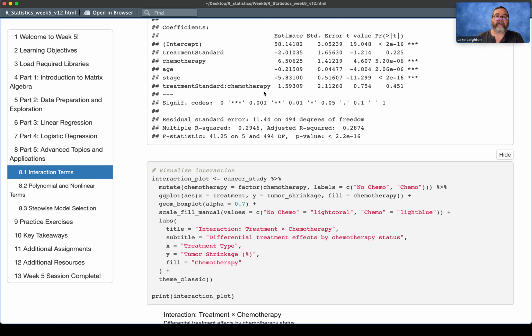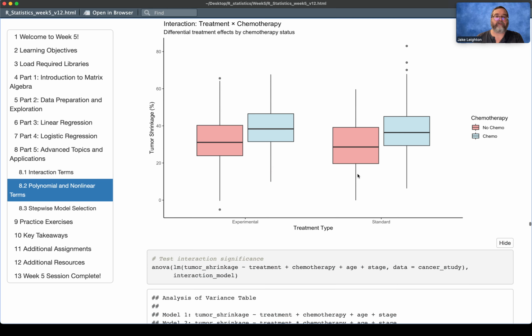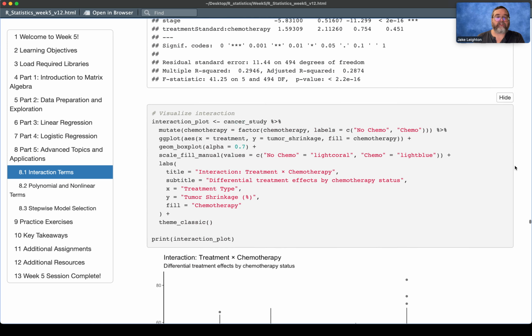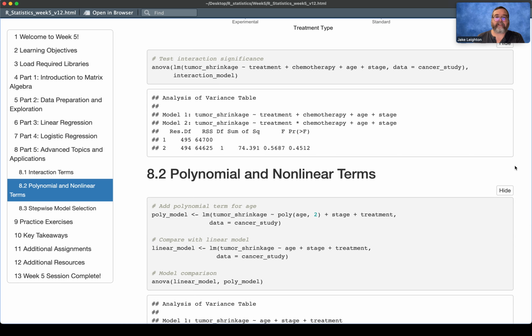If we took it at face value, it would say that using standard chemo works better for tumor shrinkage. But I don't really see that. Maybe a little. We'd have to really do the t-test to understand. But I think what we're really saying here is that the chemo is what's important, not what treatment you are actually under. So that's how you can look at the interactions.